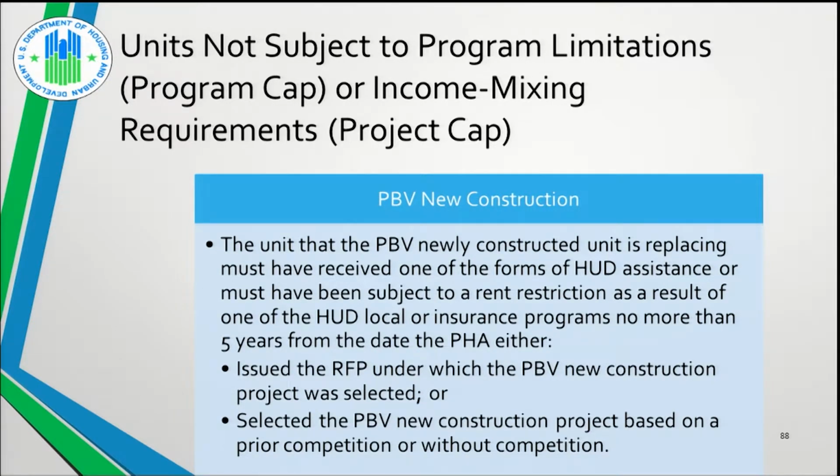The first being that the unit that the PBV newly constructed unit is replacing, that being the original unit, must have received one of the forms of HUD assistance or must have been subject to a rent restriction as a result of one of the HUD loan or insurance programs no more than 5 years from the date the PHA either 1. issued the RFP under which the PBV new construction project was selected, or 2. selected the PBV new construction project based on a prior competition or without competition.